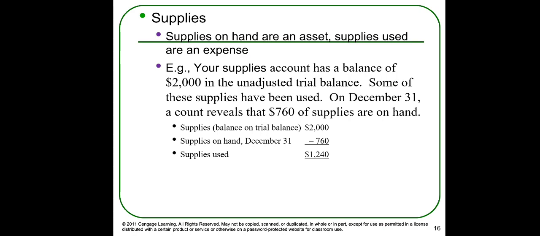So supplies in accounting, when a business has supplies, they are assets. So if you have a laundry shop and in your shop you have detergents, softeners, etc., and the value of these things is, let's say, $1,000.